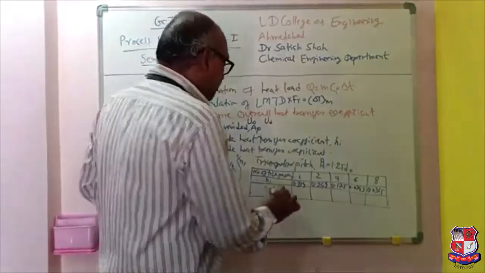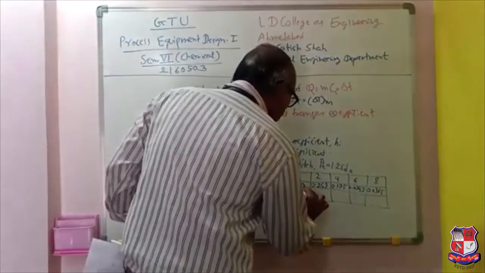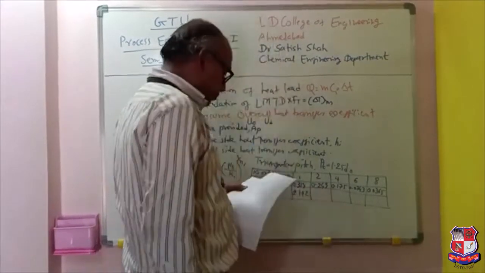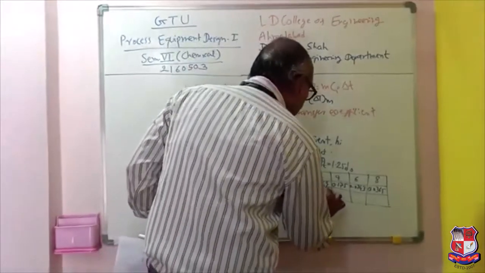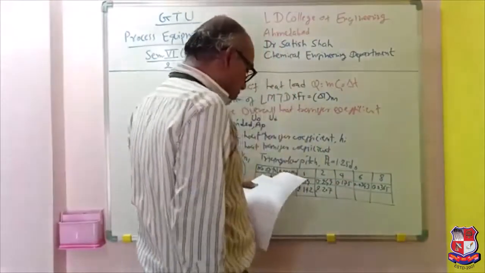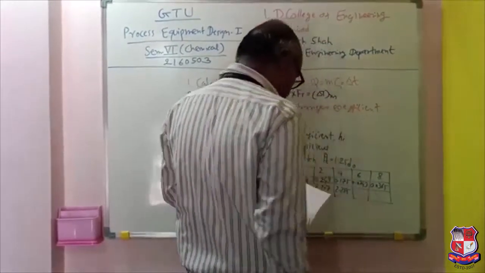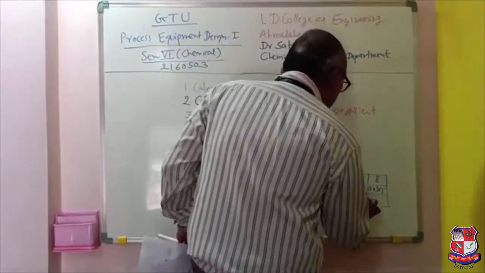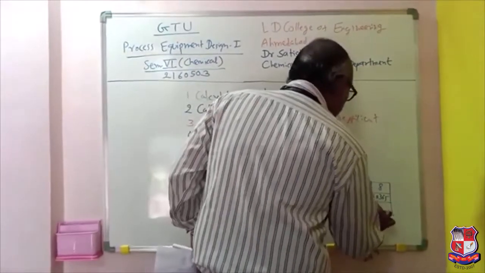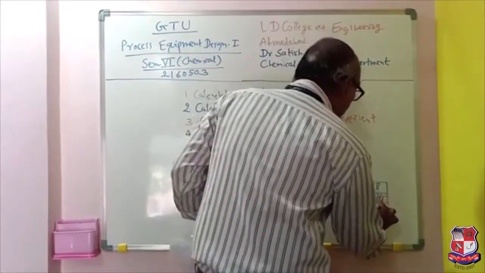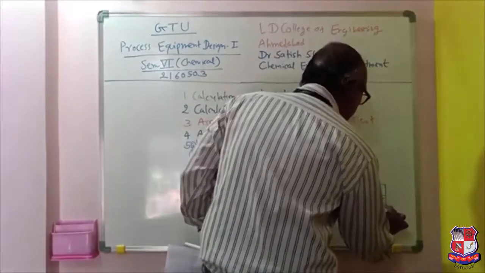And n1 will be 2.142, 2.207, 2.285, 2.499, and 2.675.